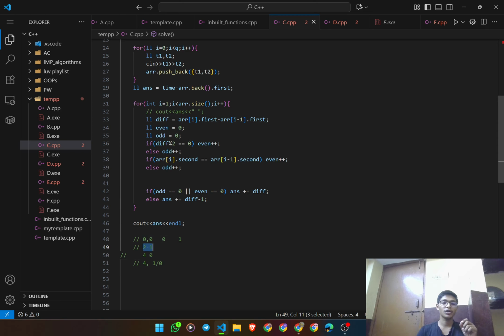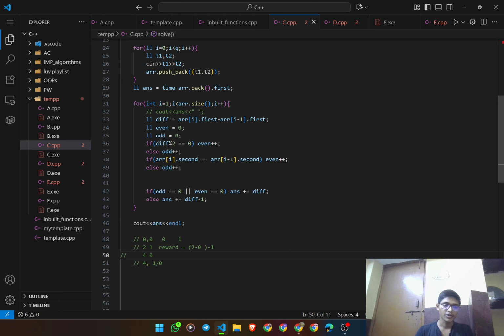So the total reward for this 2 will be 2 minus 0, but we have to stop at 1 for 1 minute at any place, so we will subtract 1 from here. Again here 2 to 4 is there.